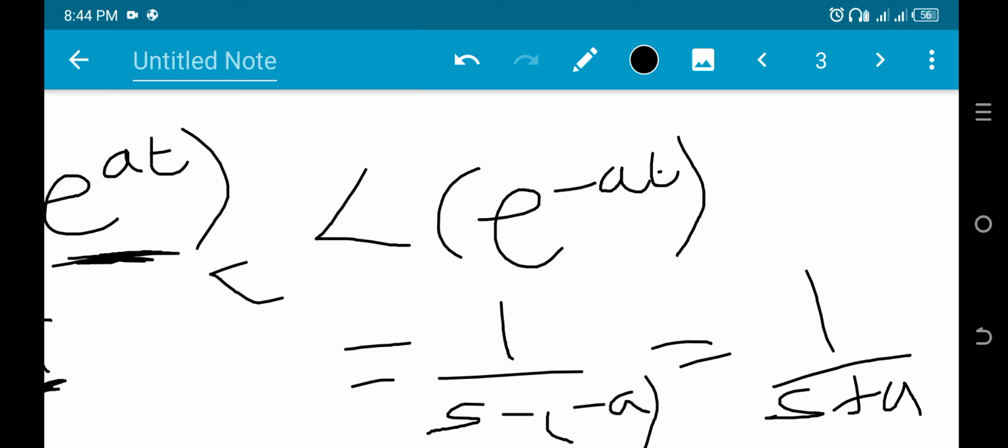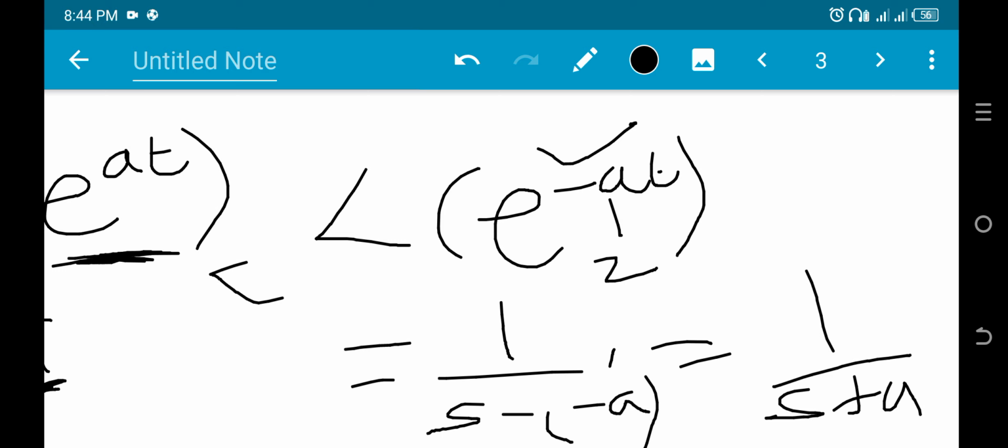So either way, we know that it will be shifted the number of a's it has. So if a was 2, instead of a we're going to say negative 2. If it was just 2 without a negative, it was just going to be 2.